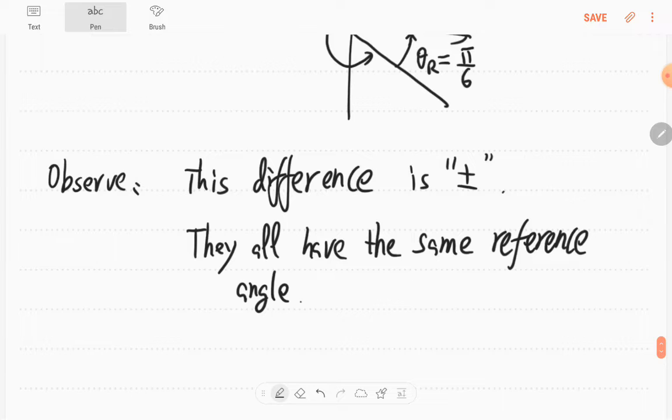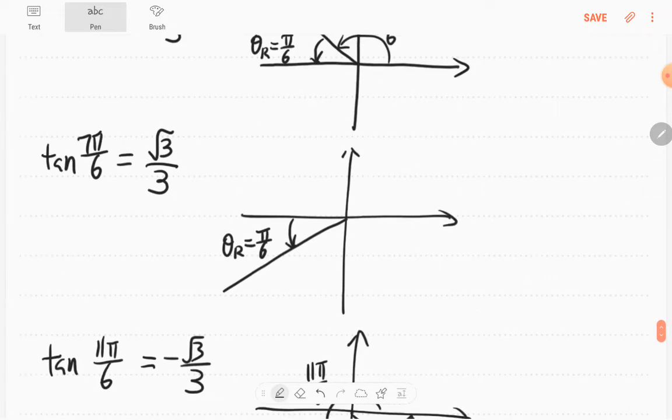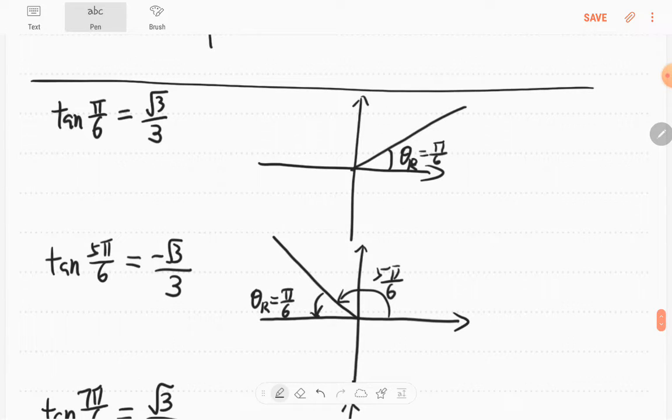So in other words, this gives you some idea: if you have an angle, you find the reference angle first. Then find the trig function values of the reference angle.